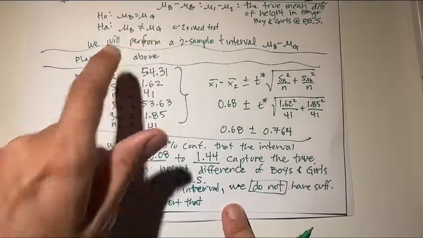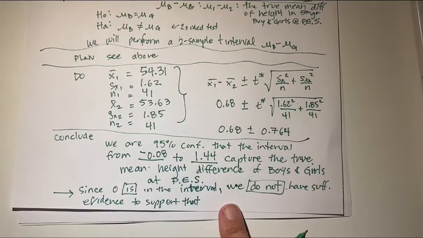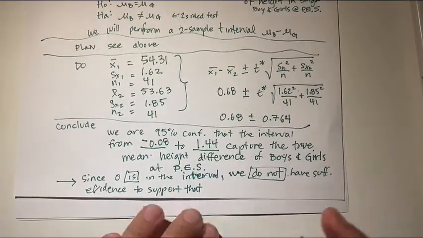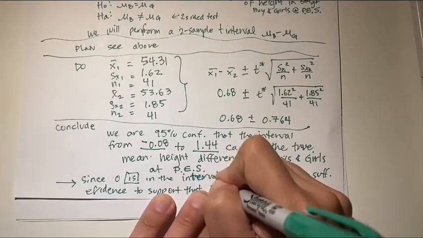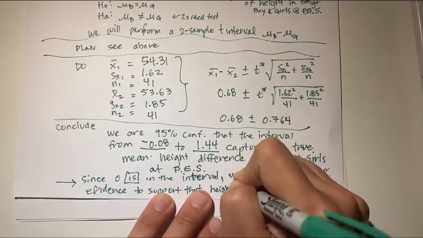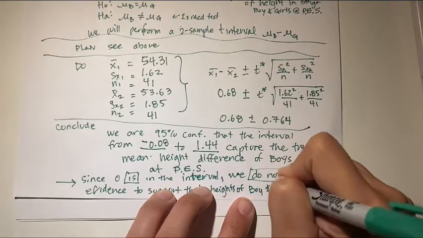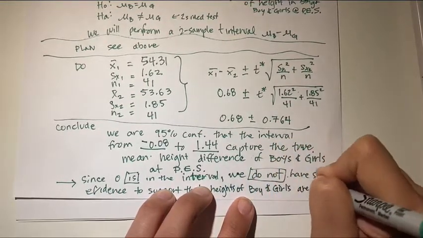That the two are not different. So since 0 is in the interval, we do not have sufficient evidence to support that heights of boys and girls are different.